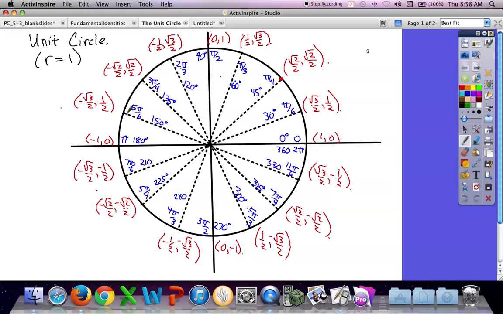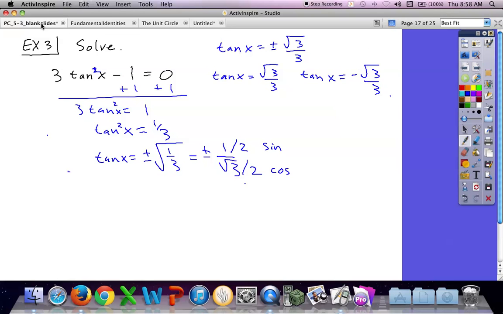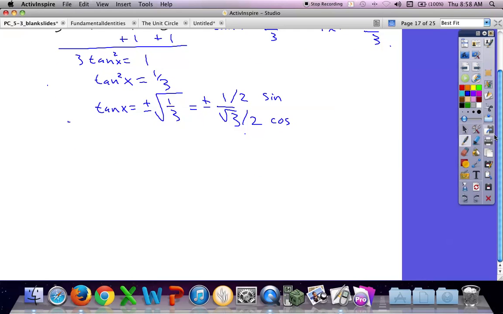This 5 pi over 6 plus pi, 11 pi over 6 plus pi. That's going to go on forever. Every multiple of pi around the circle, you get to another place that has the same value of tan. So the way you write that is like this. For the first angle where it's equal to the positive, you would say x equals pi over 6 plus n times pi.